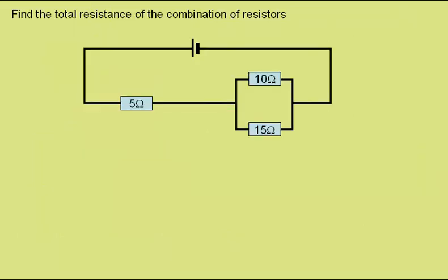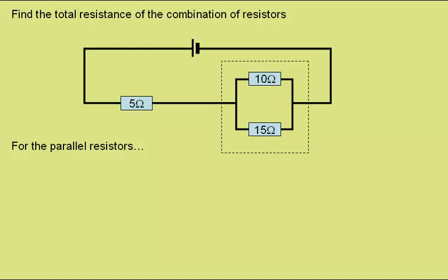Let's look at a simple problem to find the total resistance of this combination of resistors. We'll first work out the resistance for the parallel resistors, these two. We know that 1 over the total resistance is equal to 1 over resistor 1 plus 1 over resistor 2, which in this case is 1 over 10 ohms plus 1 over 15 ohms.